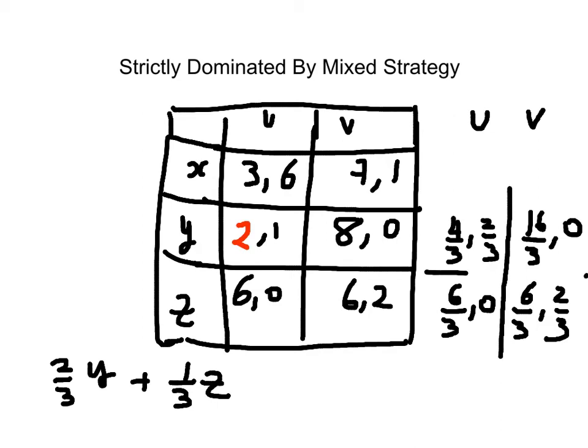Okay, let me just make this crystal clear. So now I need to add them up. I'm going to add it up at the bottom. So I get 10/3 and 2/3.